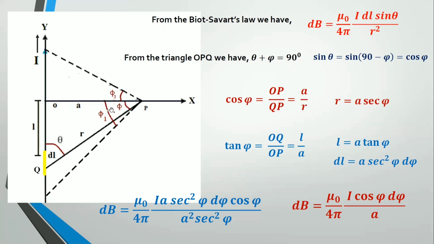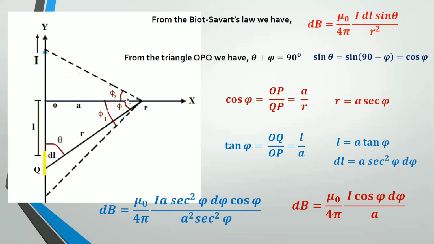The phi is this angle OPQ and angle theta is OQP. And we know that theta is 90 degree minus phi. So we have sine theta is sine of 90 minus phi, that is cosine phi.